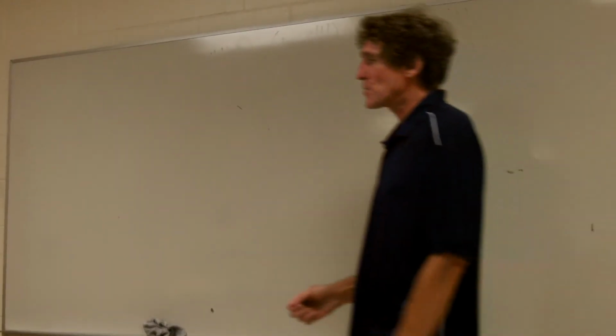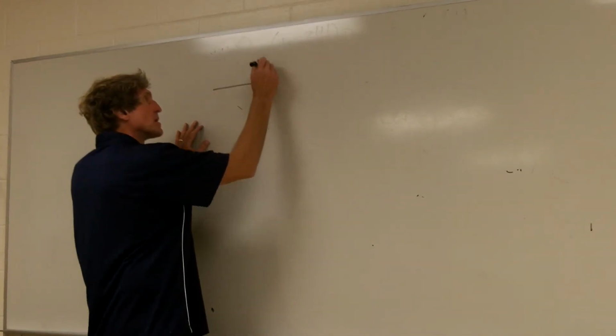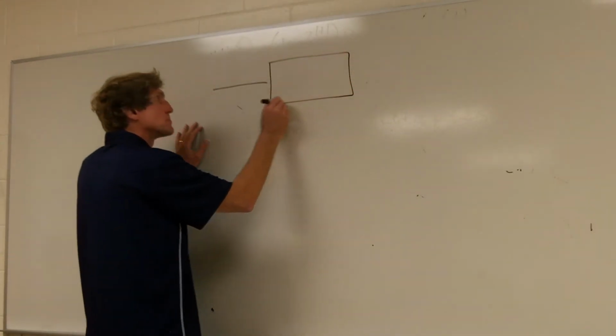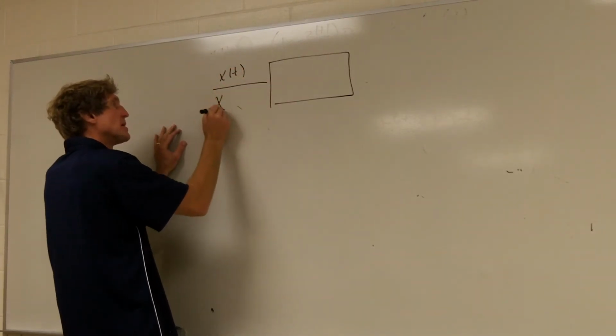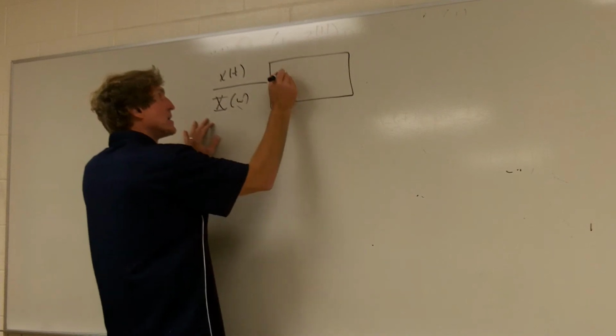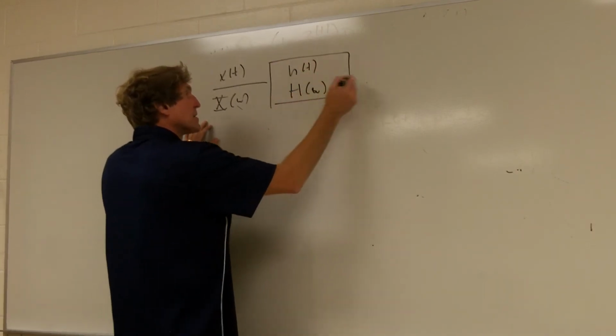Now this one is important, more so because it'll make you understand what's real and what isn't. Think about that for a second. Now watch, and write this down. In general, X of t here, X of omega here, h of t here, h of omega here.